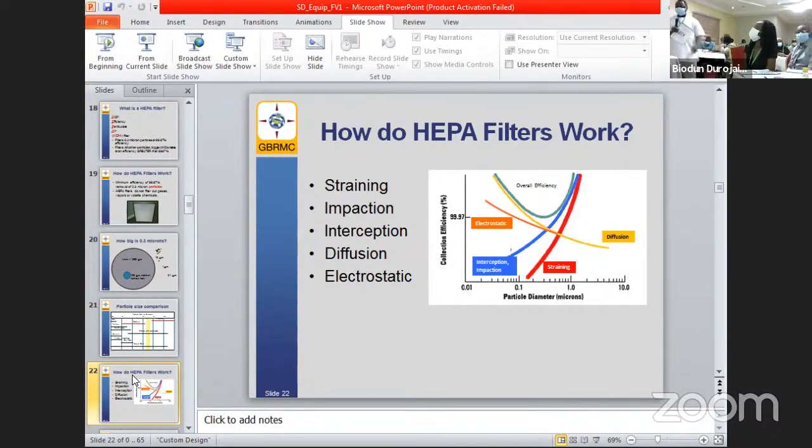Okay. Another one is that it works by impaction. Impaction in the sense that once it has been able to stop a particle that is bigger than 0.3 micron, the other particles meet it and they just stay there.